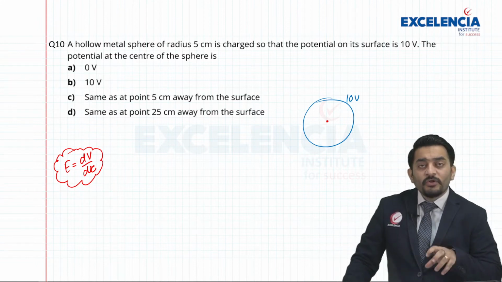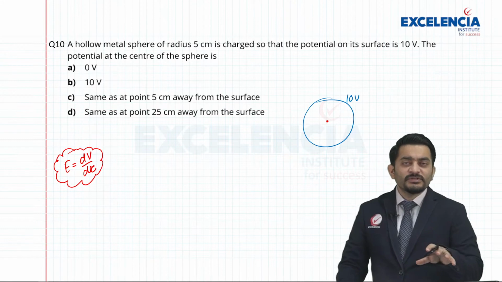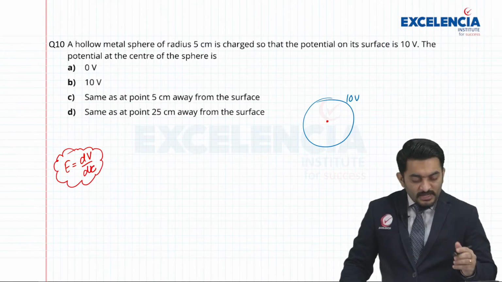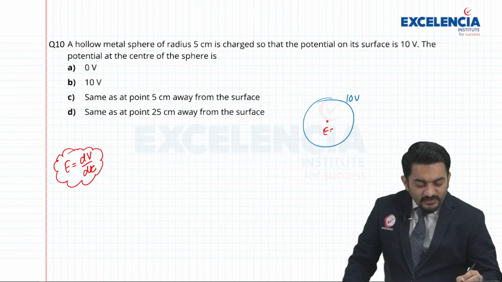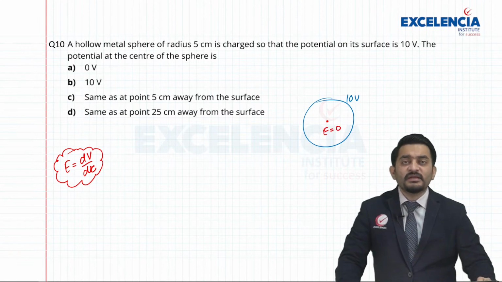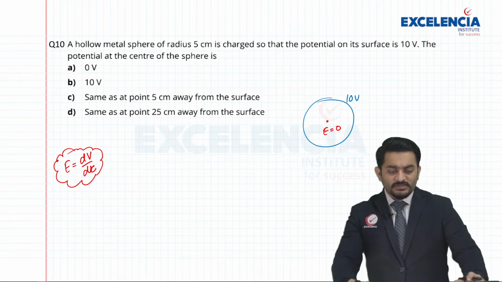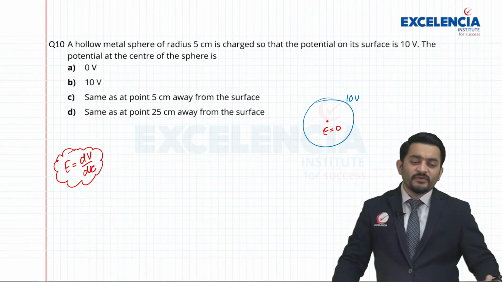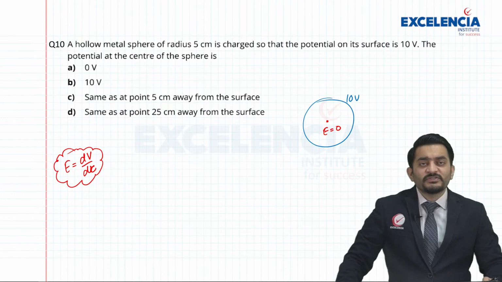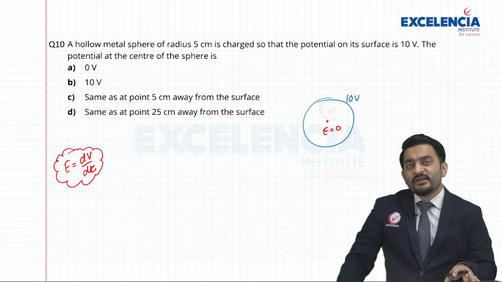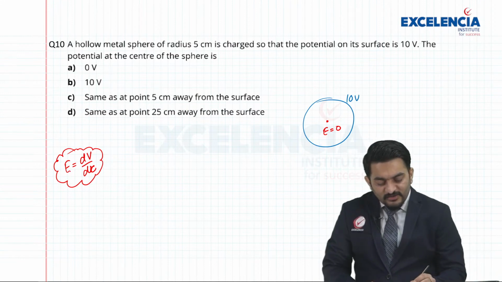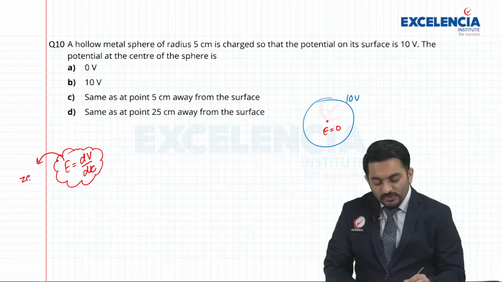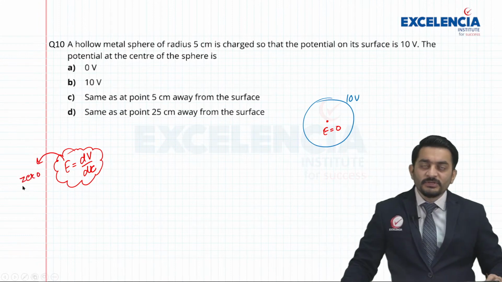When we talk about a hollow sphere, I have shown you in an earlier question that whenever a conductor has been placed, the electric field inside the conductor is going to be 0, because there is a separation of charges and the net electric field is 0. So the electric field is something which I know. Electric field equals dV by dr, and I am very sure that it is going to be 0.